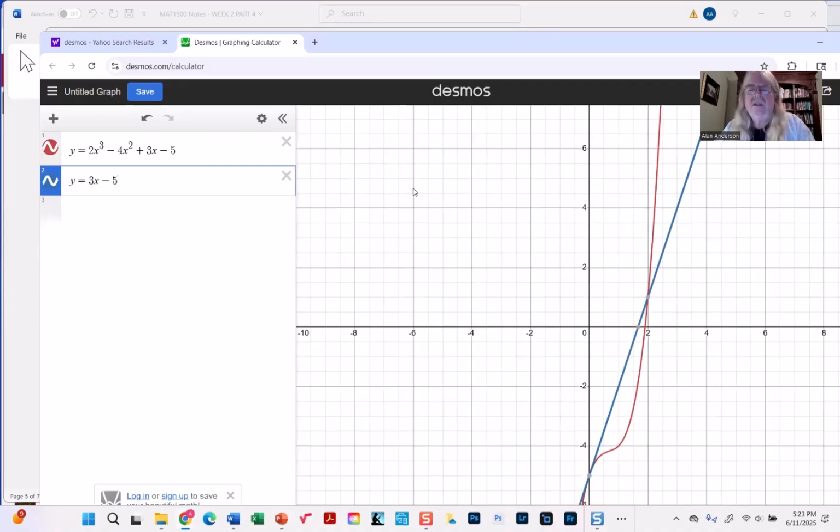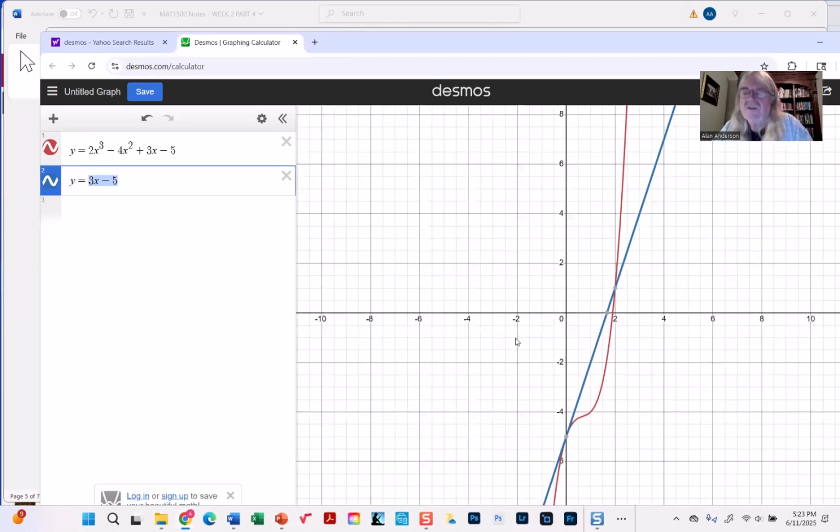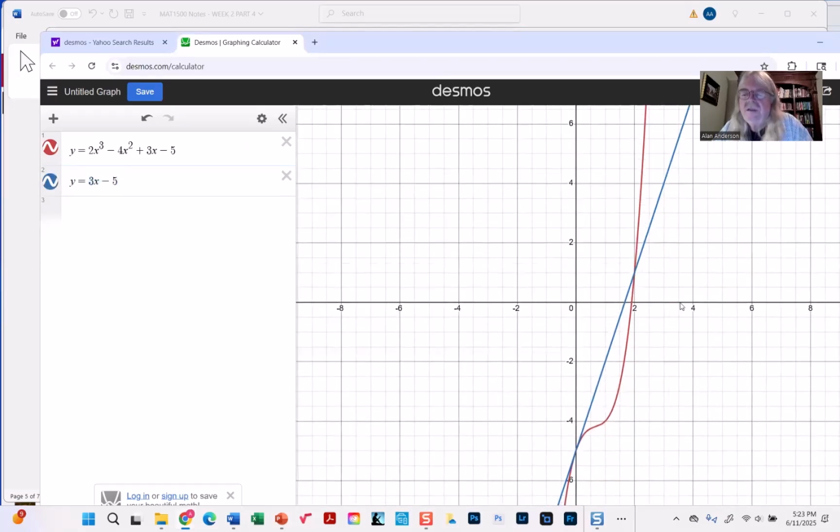That would be my guess. And well, what do you know? It looks like I nailed it. Okay, so in other words, here's the point 0, -5. And you can see that this is in fact the tangent line to that function at the point of interest, which is 0, -5.